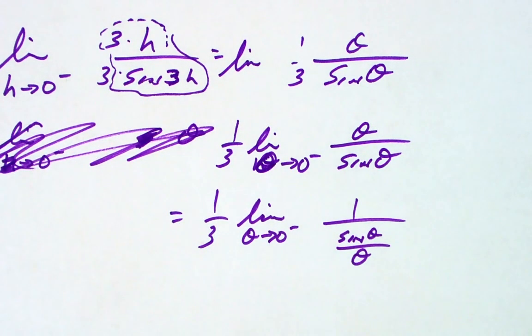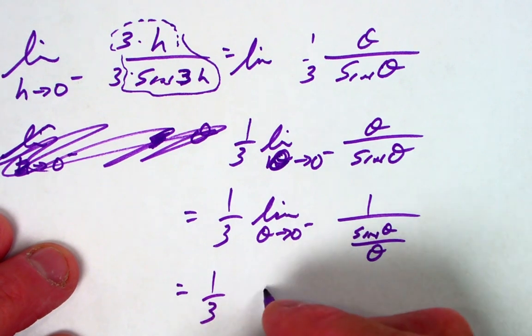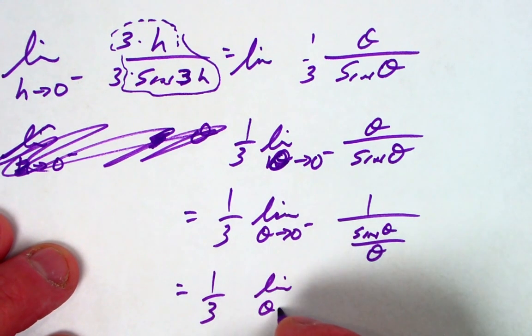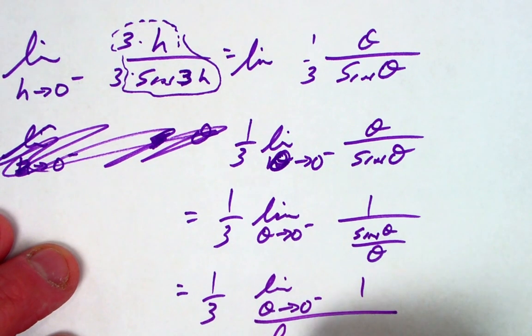So now we've got this new thing, and technically, even though I don't know if I would write this next step, I would say I've got the limit as theta approaches 0 from the left of 1 over the limit as theta approaches 0 from the left of sine theta over theta.